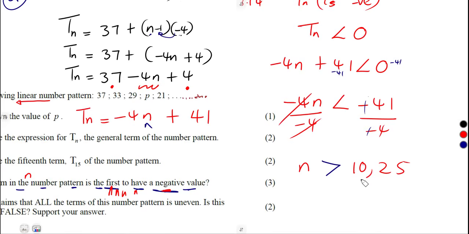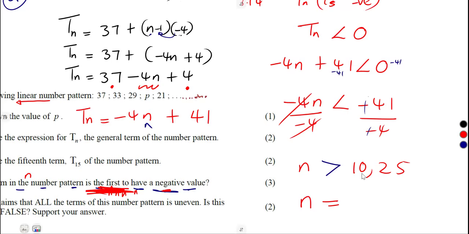The first whole number, remember, n is the number of terms. Which term are we talking about? The first one, the second one, like that. We are counting the first, second, third. So it's 10,25. The next whole number is the one that we need, because we are talking about the one to give us the first. So what is the least possible value of n that we can have?